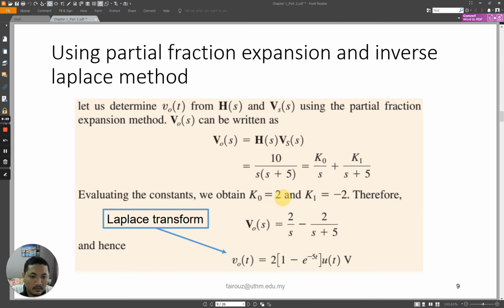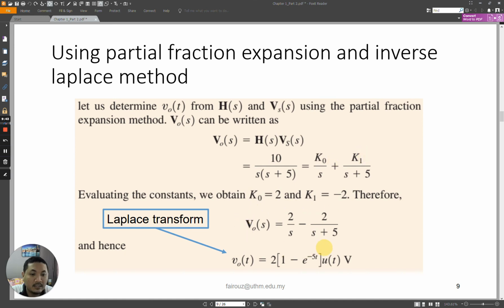We get 2 and negative 2. So V out equals 2 over s plus negative 2 over s plus 5, because this is negative.